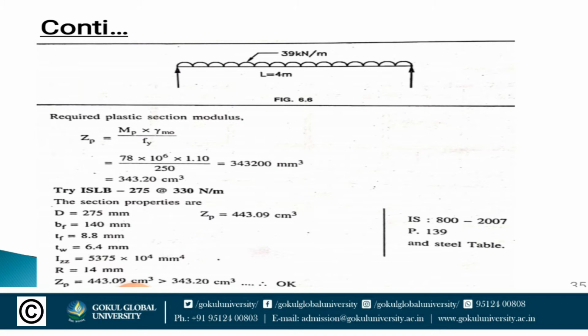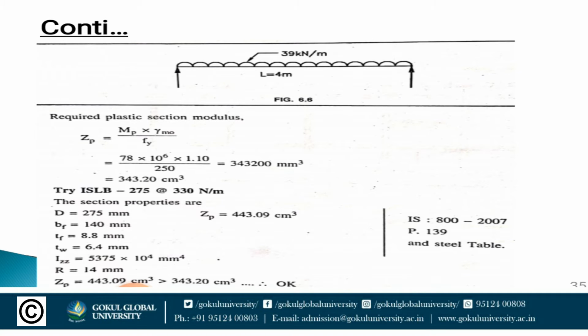Then we identified the required plastic section. After finding the force, we identified which type of section we require. So there we identified ZP is equal to MP into gamma M0 upon Fy.